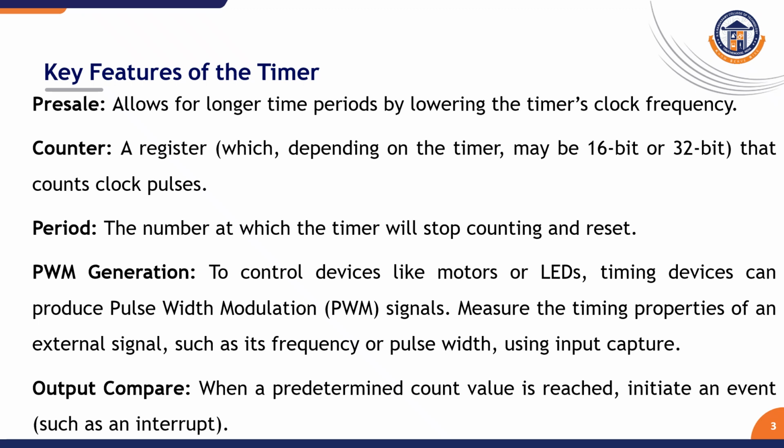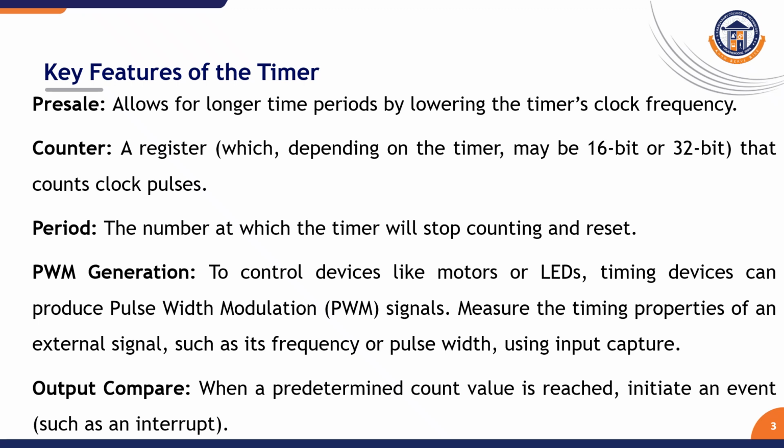Another one is the counter, which accepts the clock pulse count. This is the register that counts the clock pulses. Usually in this STM32 we have a 32-bit counter, but depending on the timer, it may vary between 16-bit and 32-bit. Then the period: the number at which the timer will stop counting and reset.